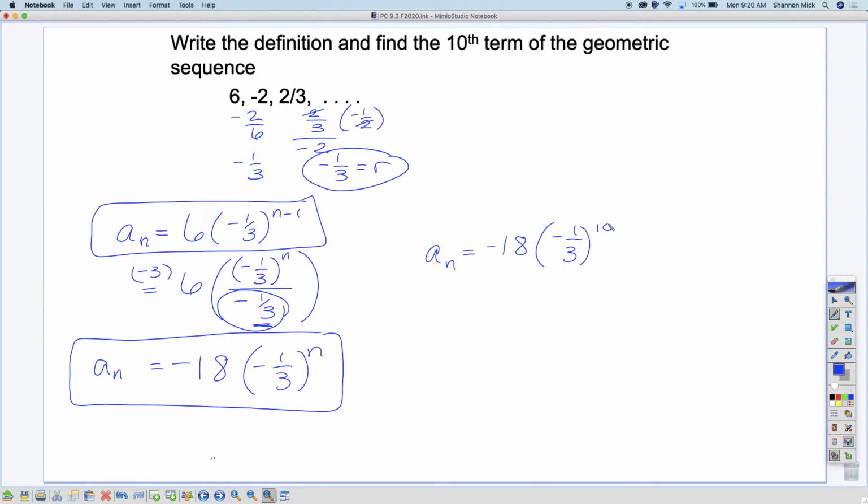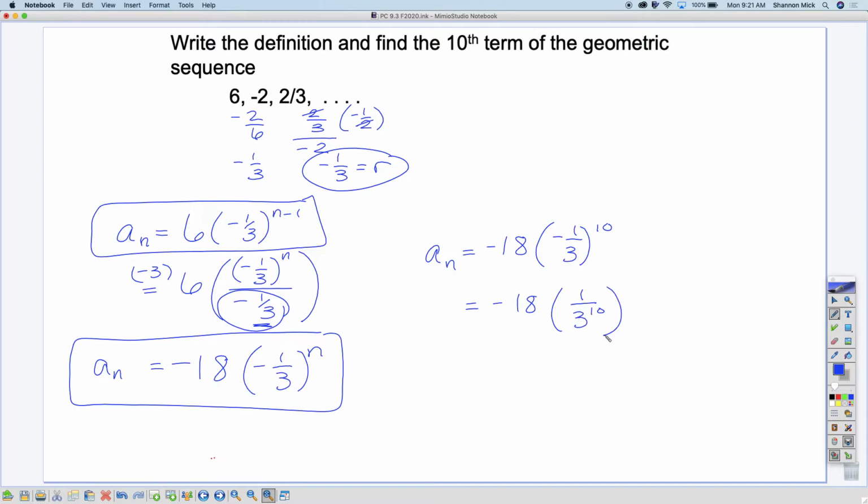And that 10 goes to the numerator and the denominator. And if I take a negative times itself 10 times, is it going to be a negative or a positive? Positive, because of that rule, right? So this is going to be negative 18 times 1 over 3 to the 10th.